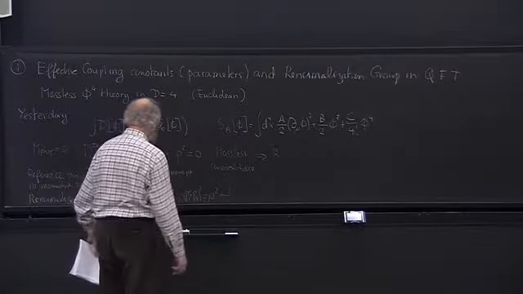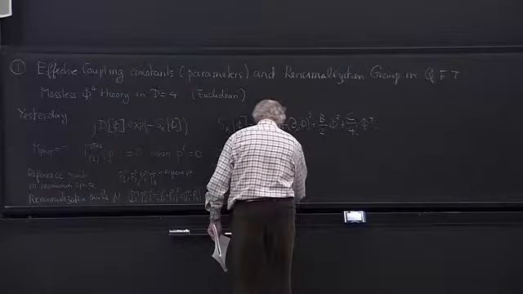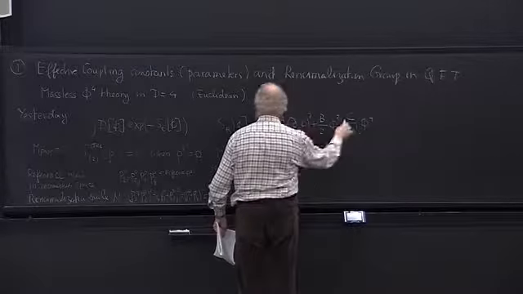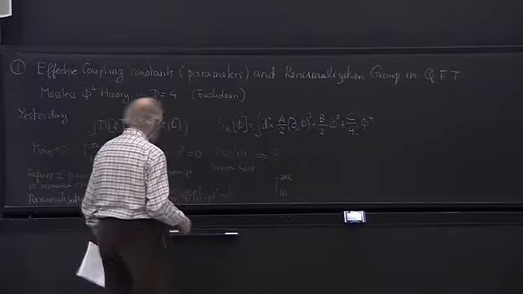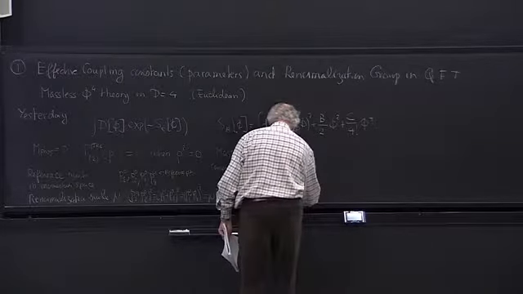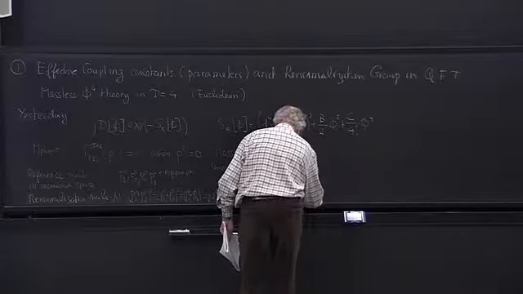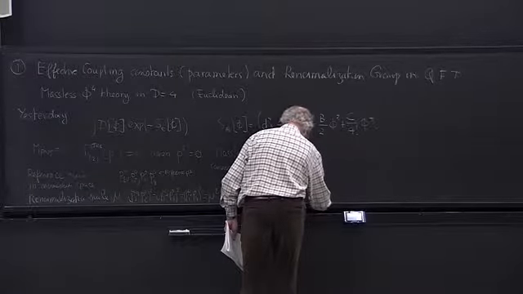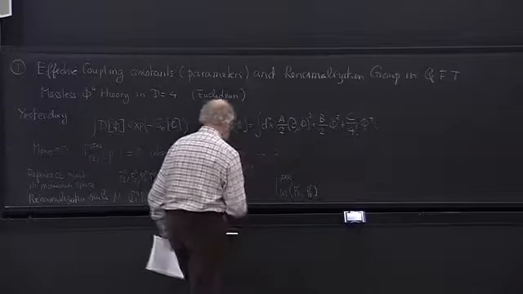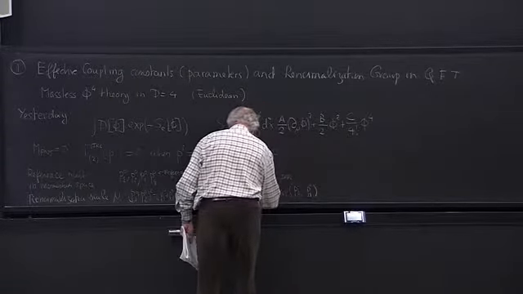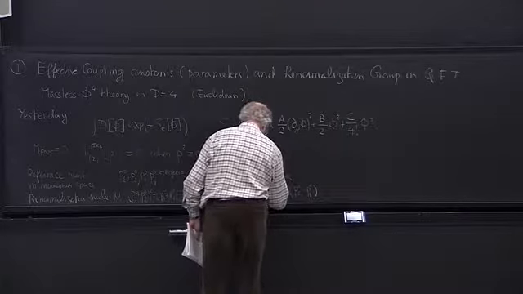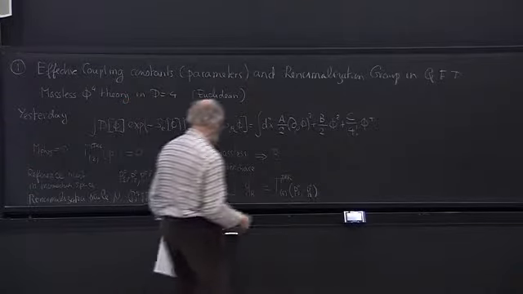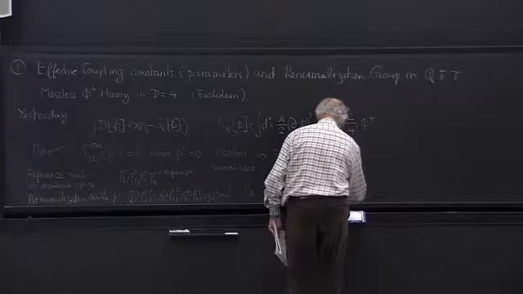And with this convenient choice, we compute with such a theory the value of the irreducible 4-point function at this reference point, P1 of 0 up to P4 of 0. And this is what we, by definition, call the renormalized coupling. This is a renormalized coupling.